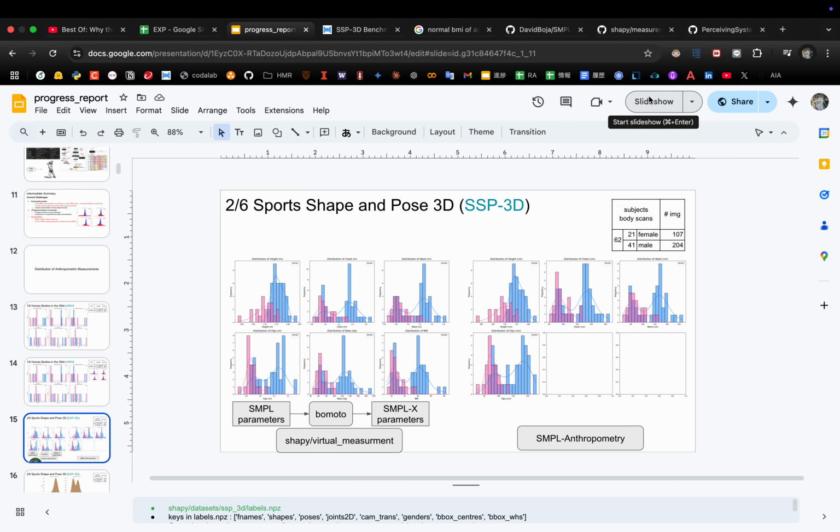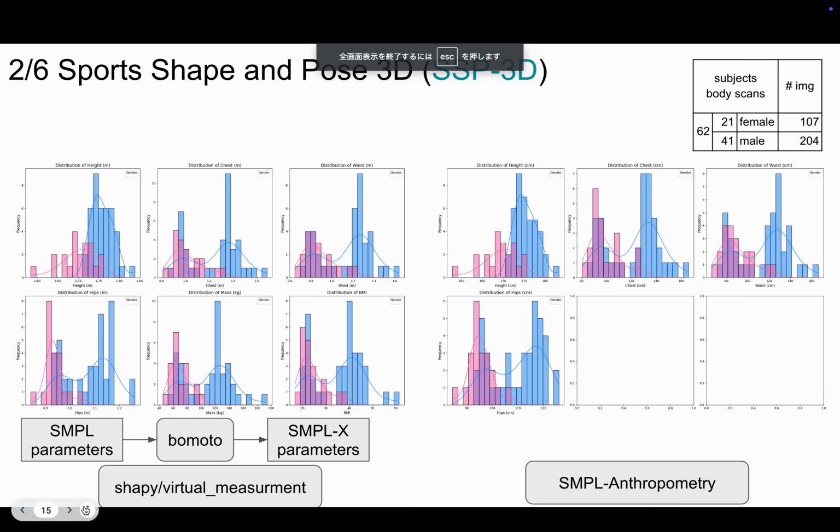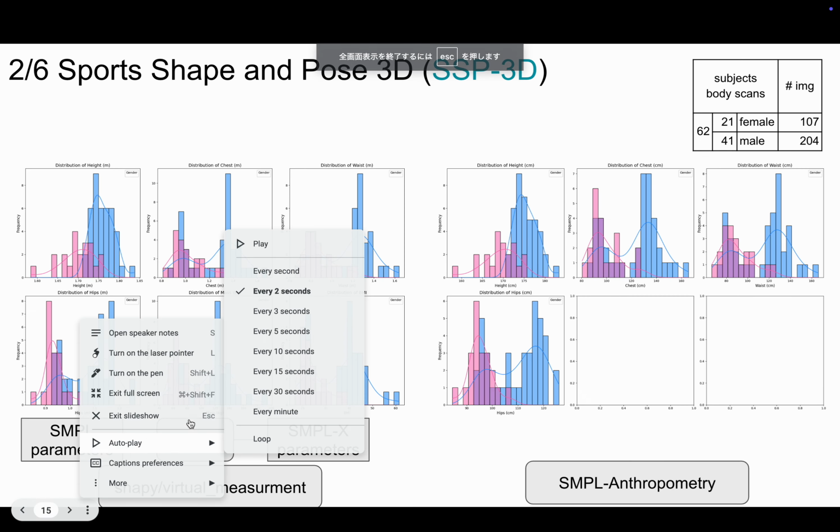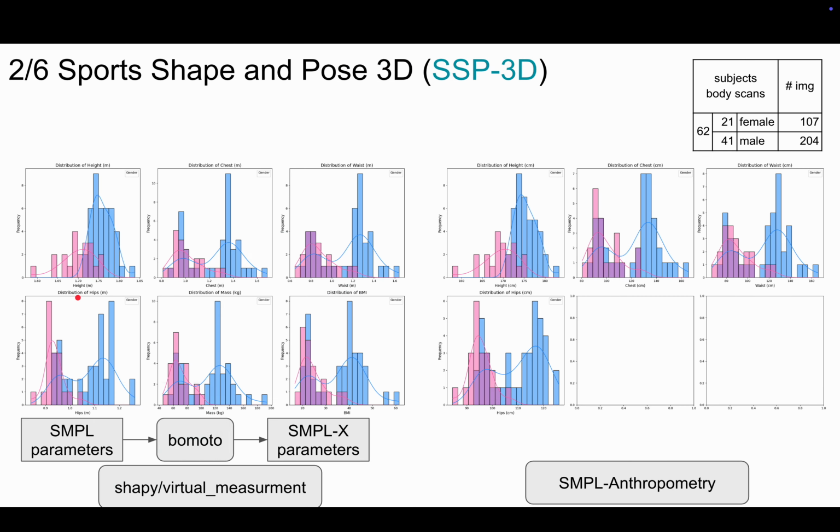So we tried both, and we can see that the distribution is kind of similar, although some data do vary under these two body measurements.